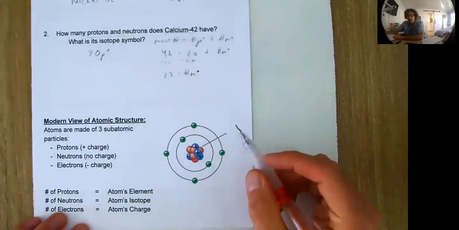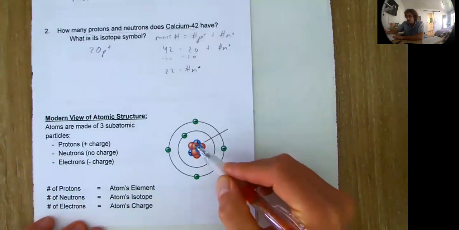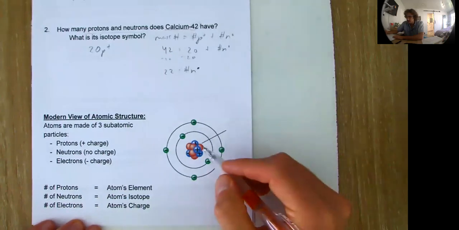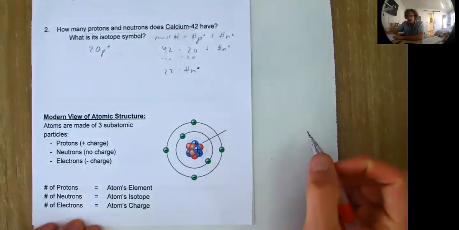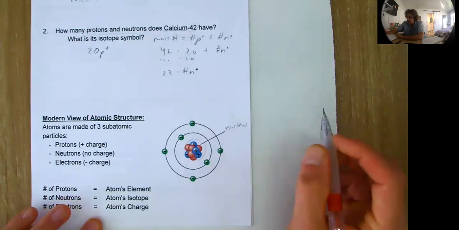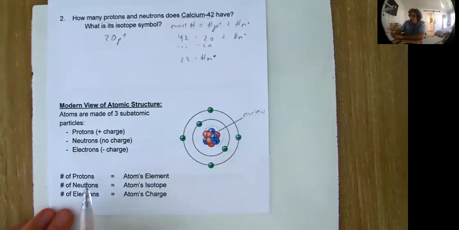And looking at the diagram, we can identify the plus signs as the protons, the red ones without a plus or a minus as the neutrons, and the green ones that are on the outside in the electron cloud as electrons. And what's this central area called? That's called the nucleus. Okay, so as we are learning, the number of protons determines the atom's element.